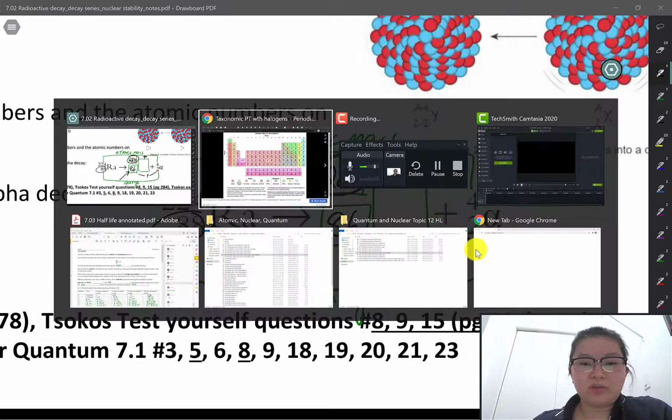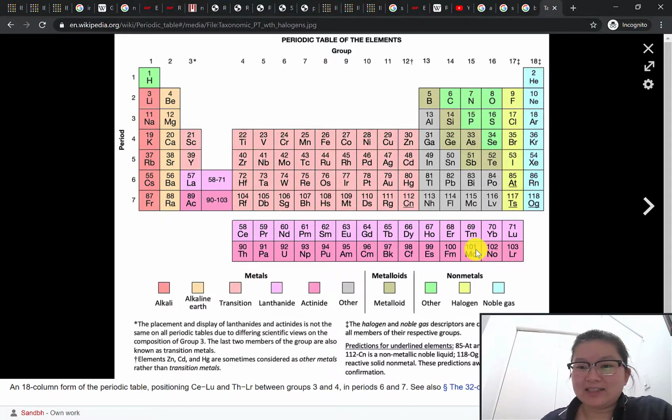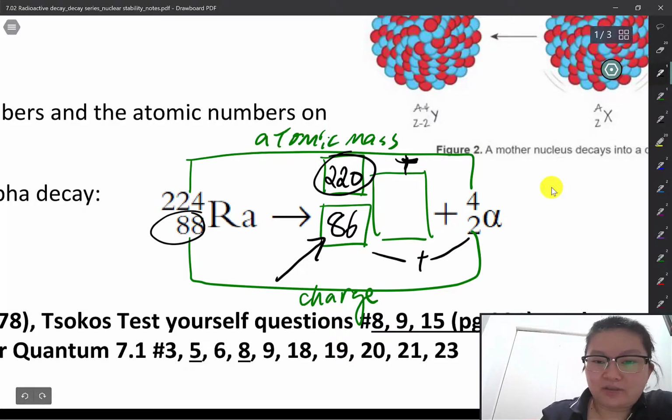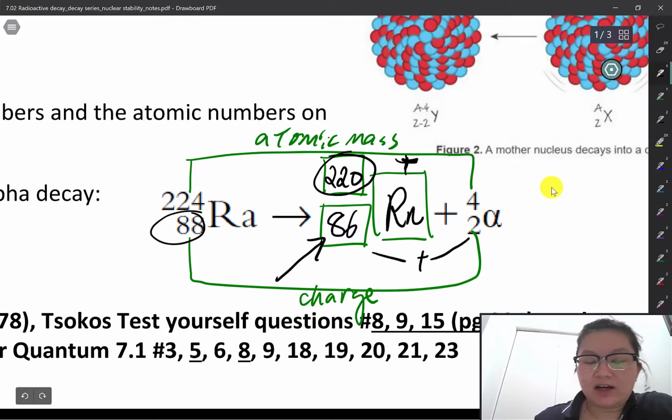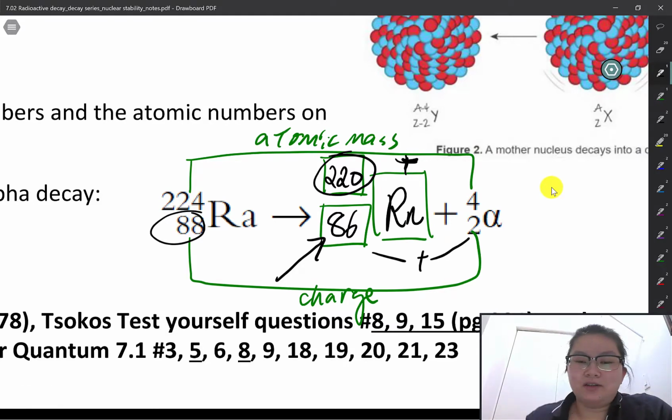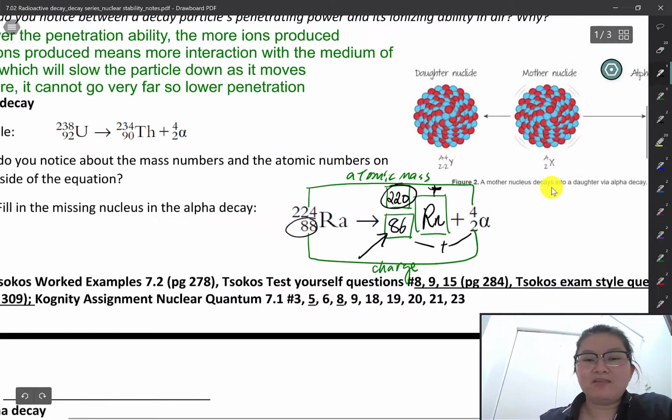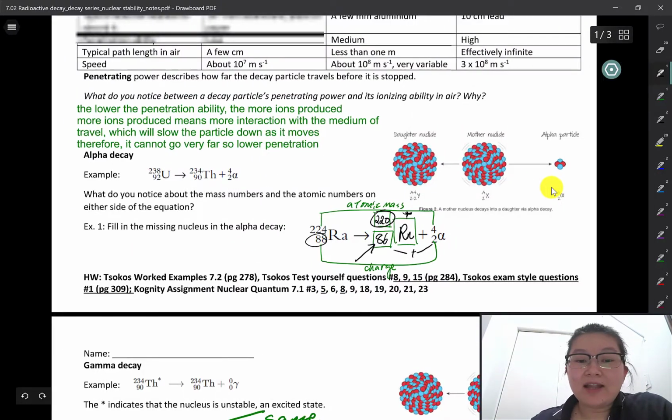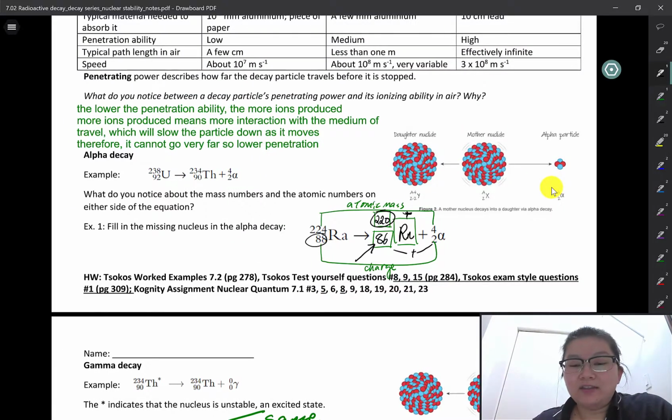So we go to our periodic table to find 86, which happens to be radon, I believe. Radon, a noble gas, so we just put in Rn, and even if you don't know what it's called, you just put in the symbol, so that doesn't affect anything. So there you go, that's an alpha decay.